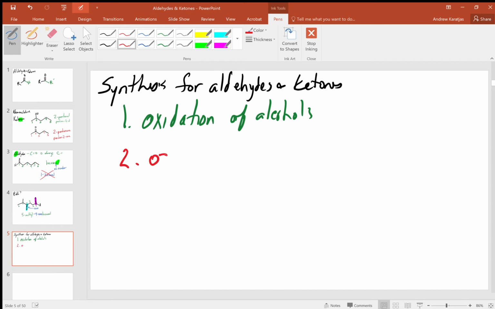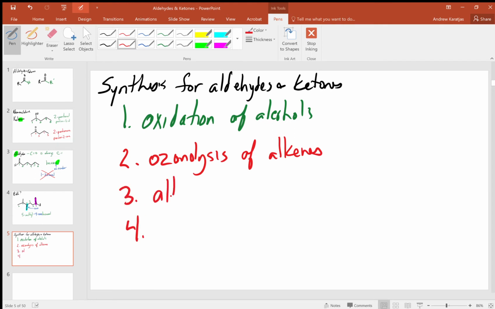So we previously talked about ozonolysis for alkenes, and then a pair of reactions related to alkynes: any type of hydration reaction for alkynes, as well as the hydroboration of alkynes.